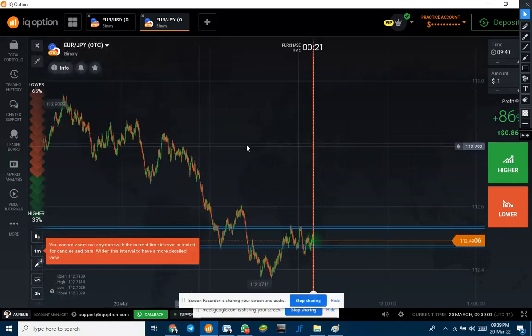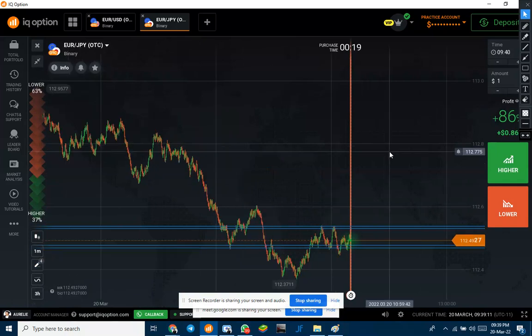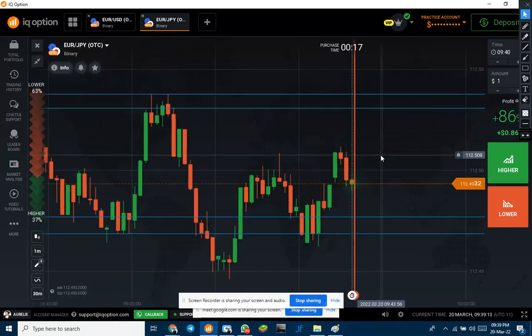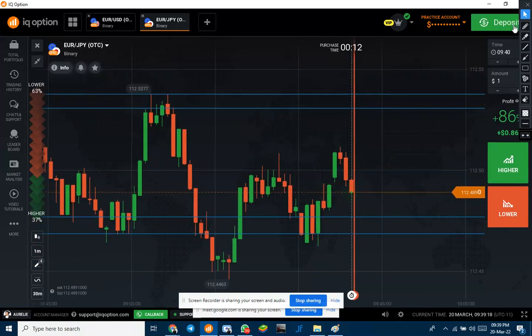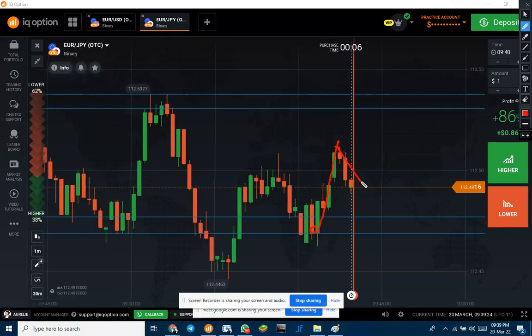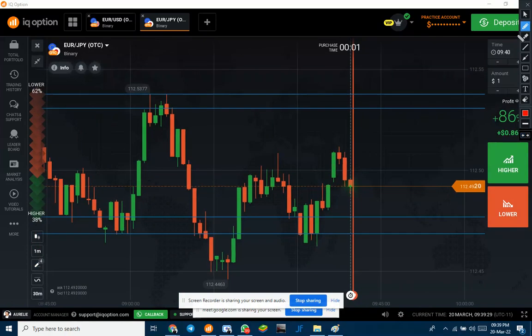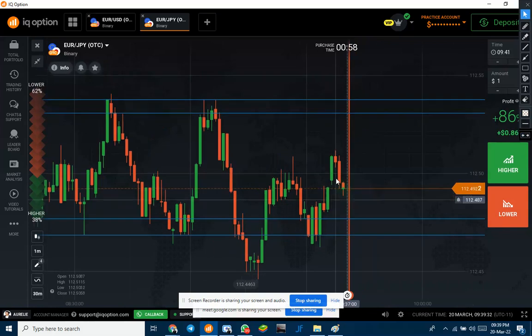The way I can see, the major trend is down and the minor trend is up. You can see this is what I mean. The minor trend is up. Maybe this is a correction move, but the minor trend is still up. So let's say we took a trade according to the trend.